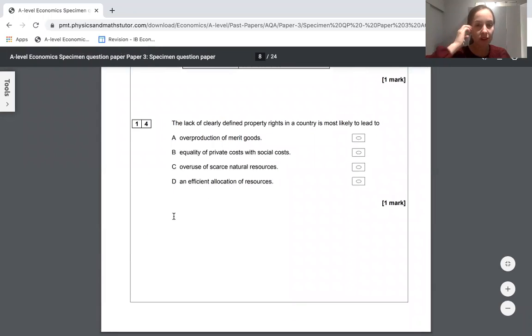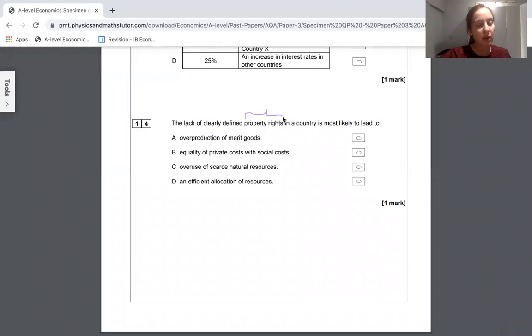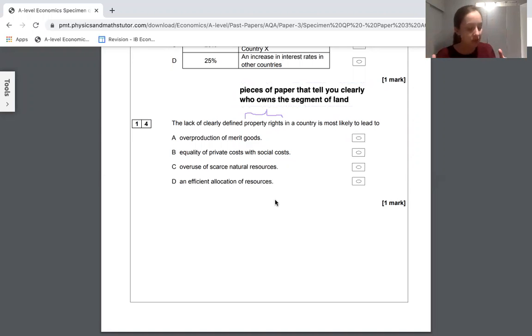Okay, property rights. These are pieces of paper that tell you very clearly who owns that piece of land. Who owns the segment of land? This is pretty easy to do in physical land.